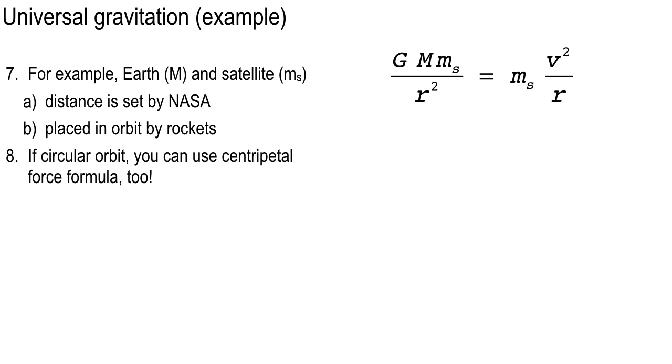Now, back from the news update, back to our task at hand. Do you see anything in there that can simplify? What do you see? Well, I see a v squared over r.